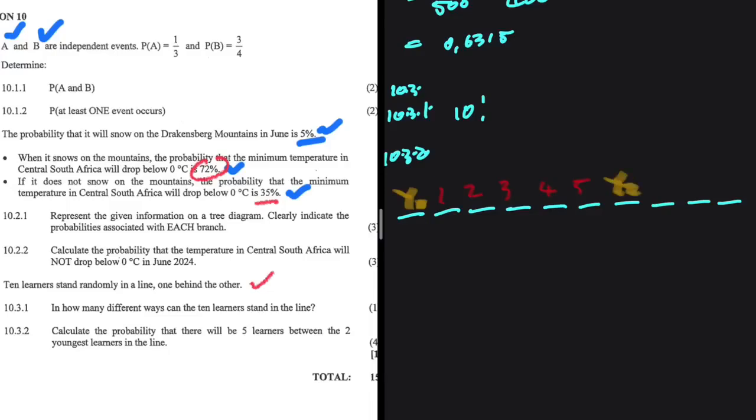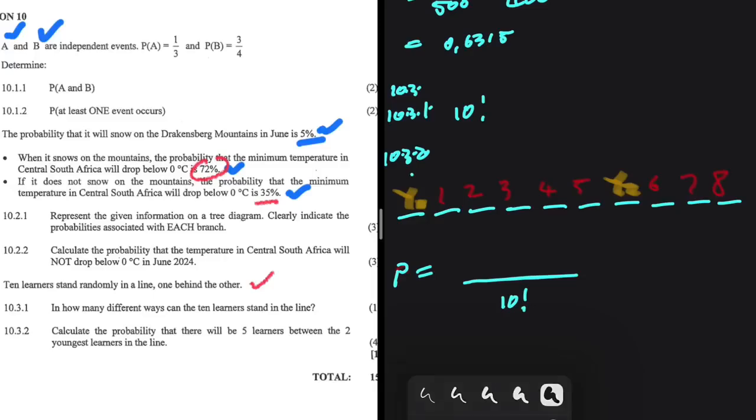And after that, we're going to have 6, 7, 8. So in total, we have 10 learners. So let's go ahead and make sense of this. The probability is going to be equal to some number divided by the sample space, which is 10 factorial.